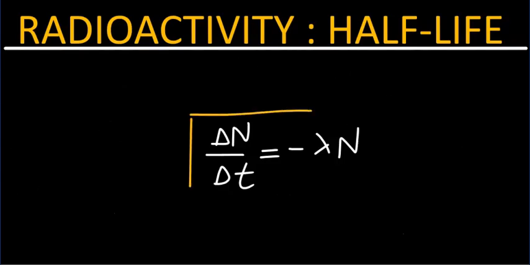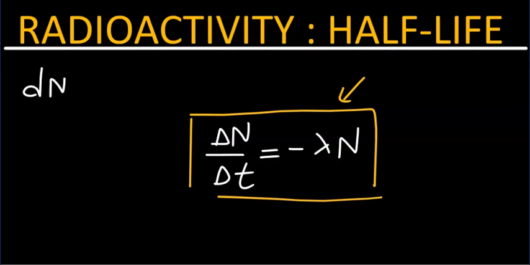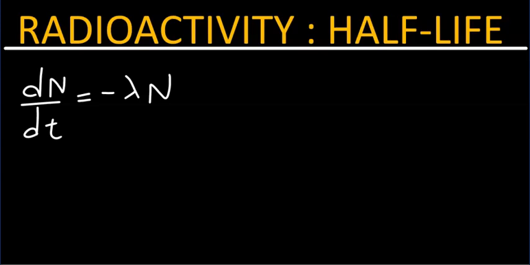Now let's look at this result more closely. To get more insight into this equation, we need to rewrite it in a differential form. Namely, dN/dt equals minus lambda N. This is an elementary differential equation which can be solved easily. So let's rewrite the term on the left hand side to be dN over N, and rearrange the other terms like that.